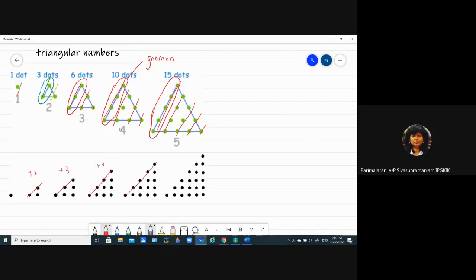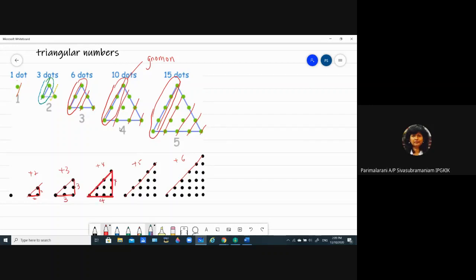Fifth number, you're adding 1 row of 5 dots. Sixth number, you're adding 1 row of 6 dots. The number of dots on this side is 2, 2. The number of dots on this side is 3. Number of dots here, 4.